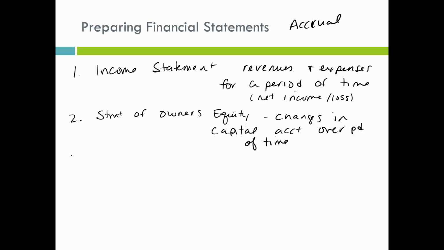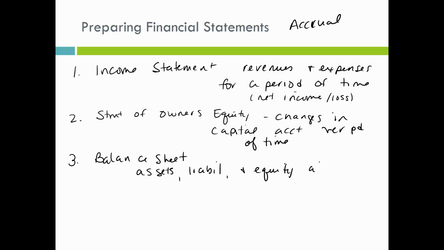And then the third statement that we do is the balance sheet. The balance sheet shows us assets, liabilities, and equity at a point in time.